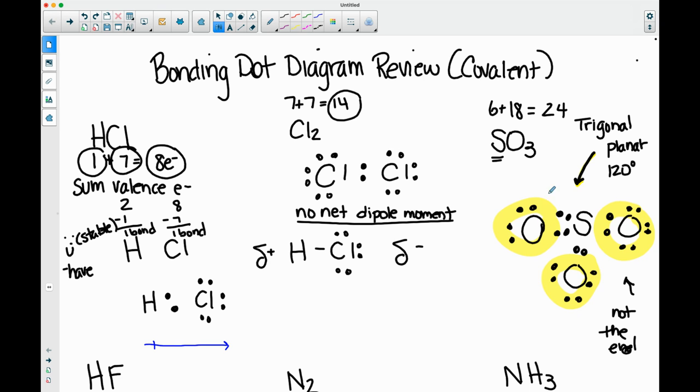So these oxygens are actually pointed up a little bit, and it's actually, if I was going to redraw it, it's actually more like this. With 120-degree bond angles, which means that it has no net dipole moment.